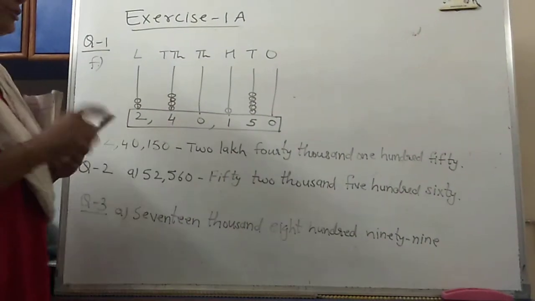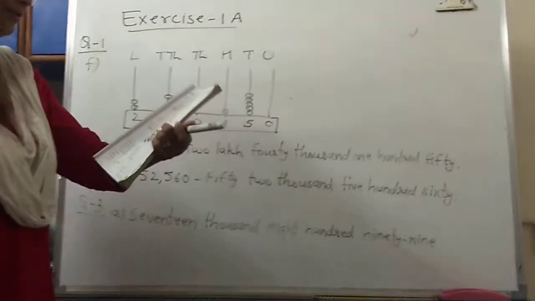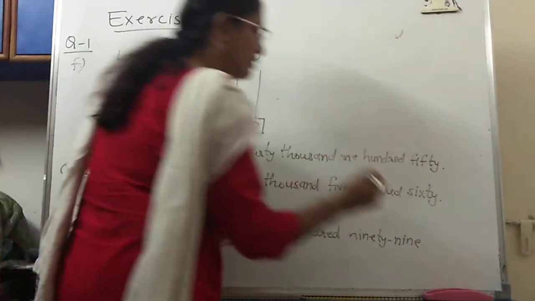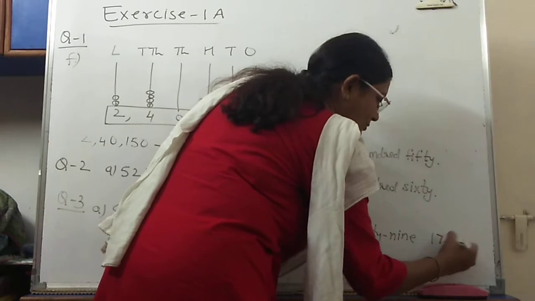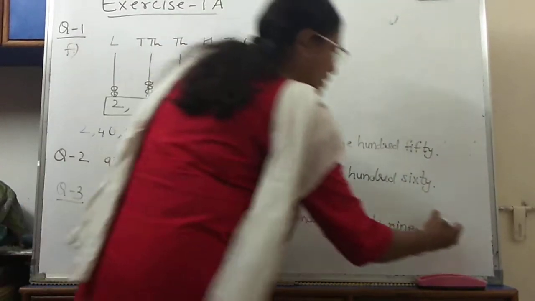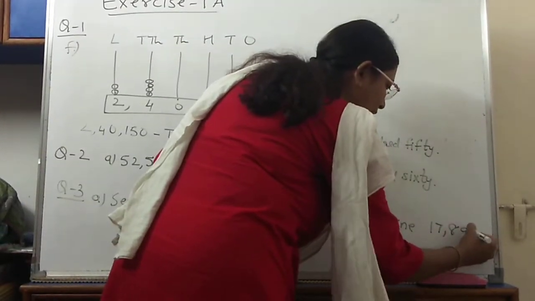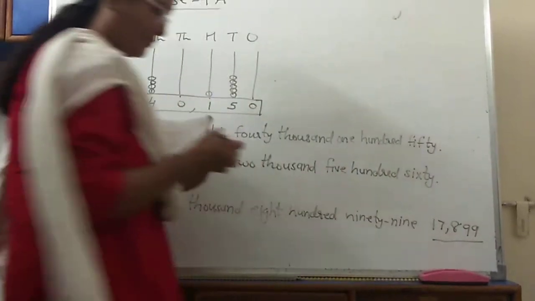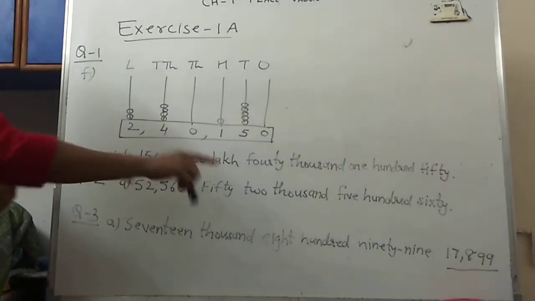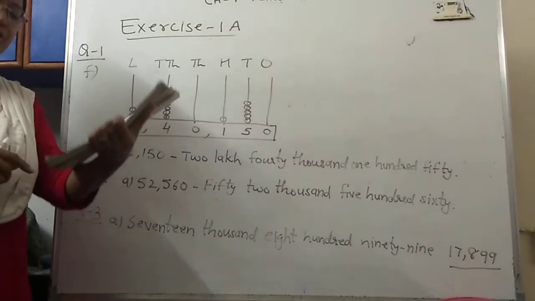It is given to you in your textbook. This you have to write in figures. So here we will write 17,000 899. This is our answer. Clear? This way you have to write the other sums, other questions also.